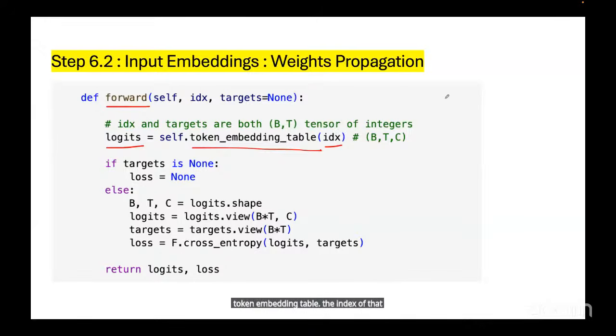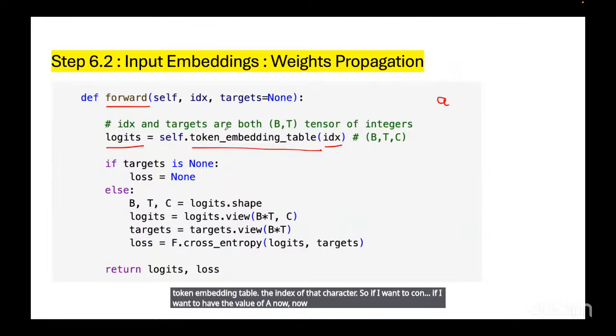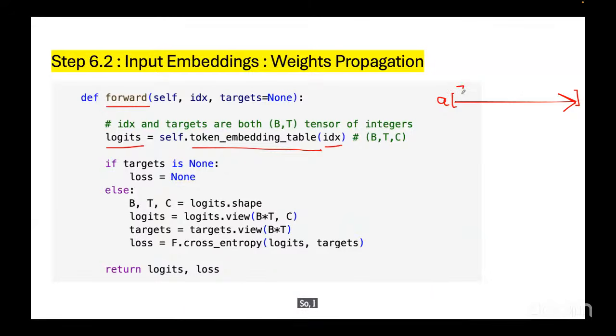So if I want the value of A, I will go into this token embedding table and take all the values of A from this index. I will take this 75 dimension long vector, instead of just 33, which was the value of A as an integer. Okay. If target is none, then loss is none.